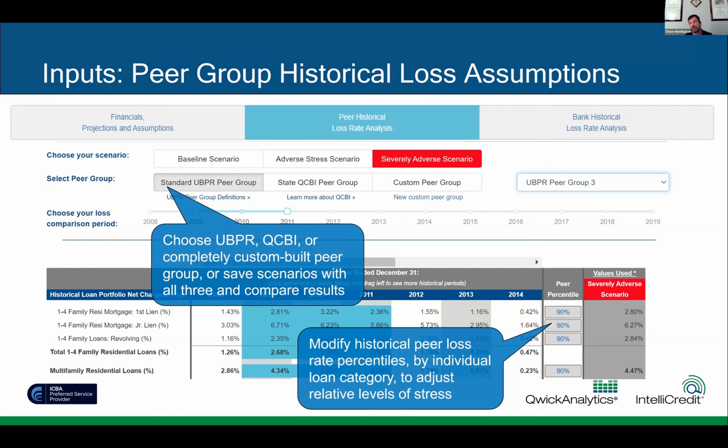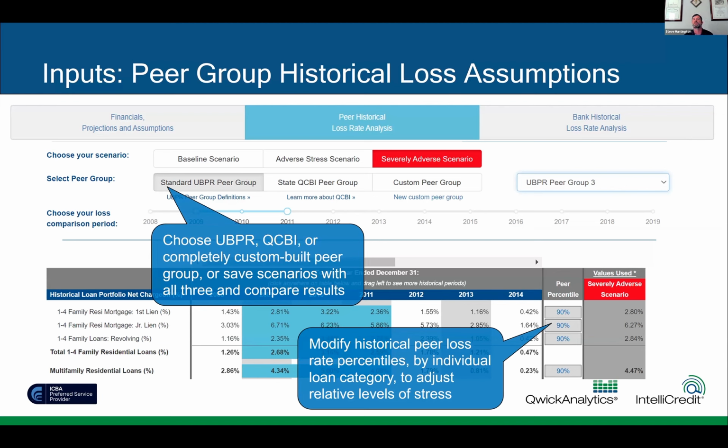Or, and we highly advise this, particularly for our stress test, our users build a completely custom peer group. For example, our guinea pig today, as we typically use, is a bigger community bank up in the Northeast. If you're a community bank in Maine, you really don't care how bad mortgage losses were in Southern California in 2008.